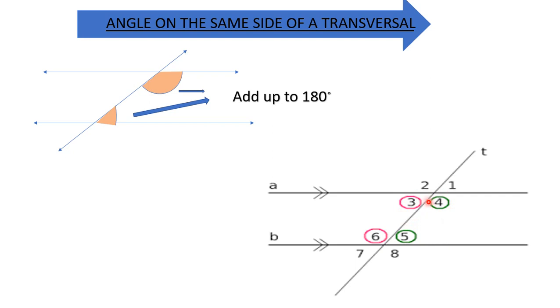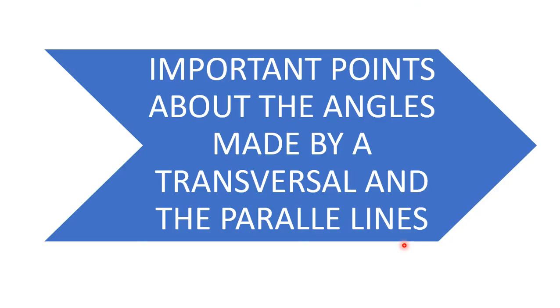Remember this: for angles on the same side of a transversal, we only have to consider the angles which are inside of these two parallel lines. Okay, so now these two angles add up to give 180 degrees. That means angle number 3 plus angle number 6 is equal to 180 degrees. Similarly, we can write angle 4 plus angle 5 is equal to 180 degrees.